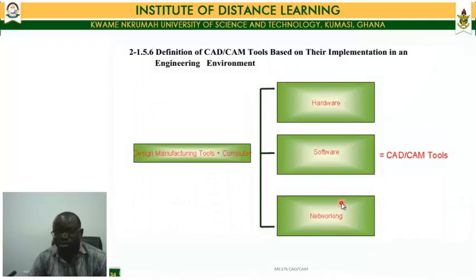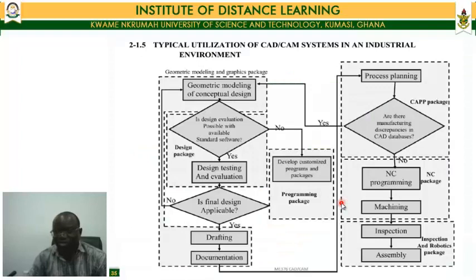Okay, so the question is, if we have to utilize any of these CAD CAM systems in an industrial environment, how do we go about it? I'm going to give a scenario and use that scenario to explain this flowchart. Let's say we are in an industry where we are using a particular CAD software or CAM software.